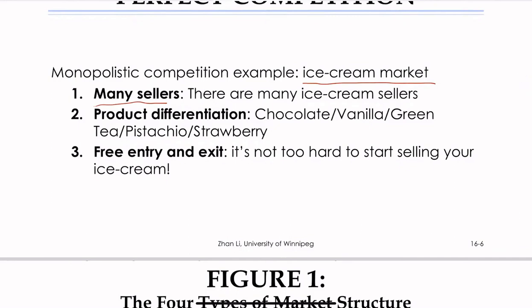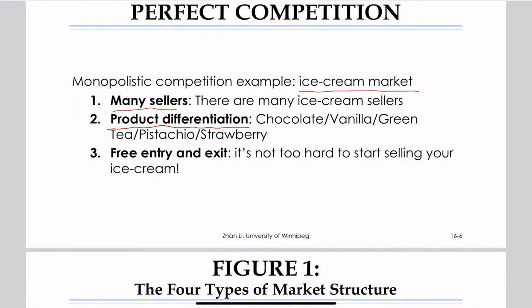And we have product differentiation. Ice cream sellers are selling ice creams, however, ice creams could have a lot of different flavors, right? You could have chocolate, vanilla, green tea, pistachio, or strawberry.